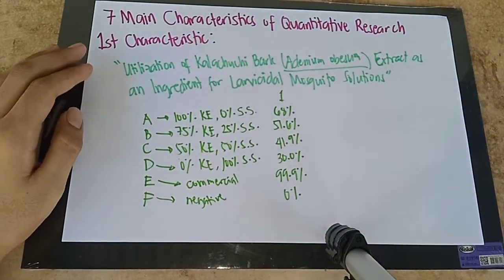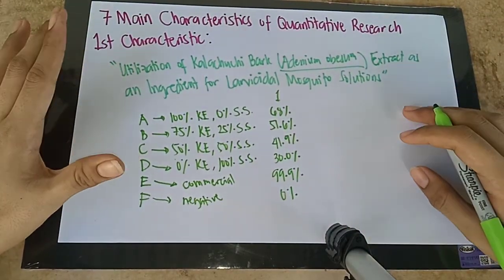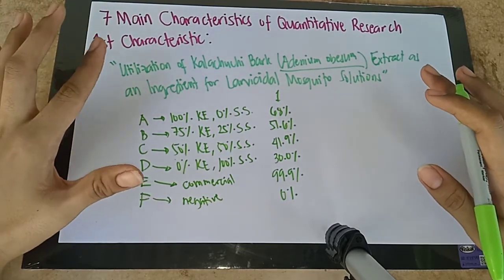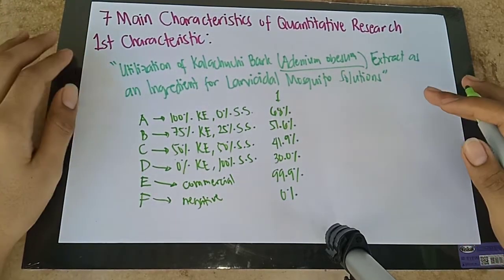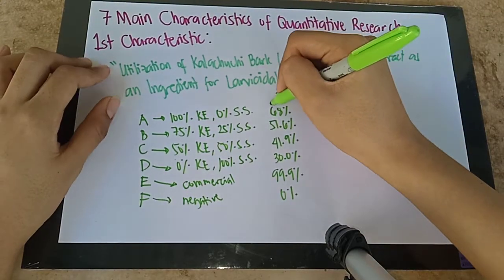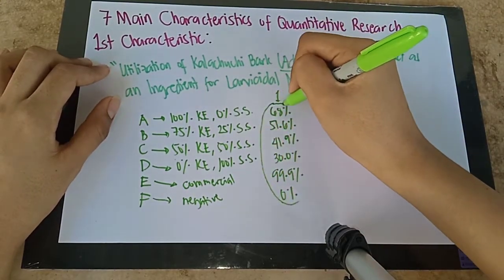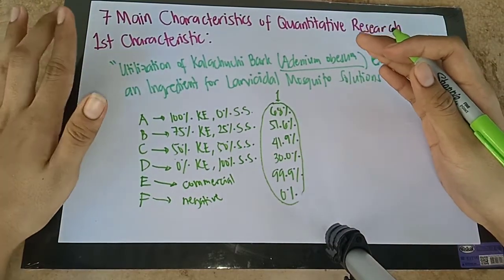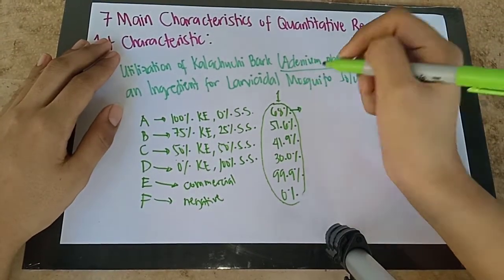Now, in this type of setup, or these treatments, the researcher accepted all values. Meaning to say, the 68%, is it high or low?